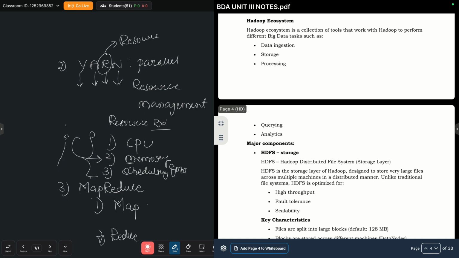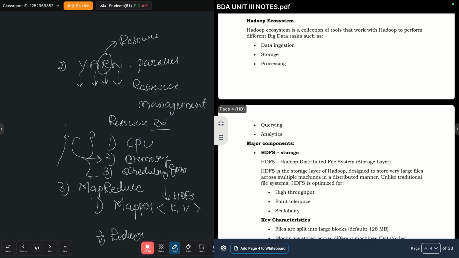Okay. So mapper, what is the role of the mapper? Right, it will take the data from HDFS, and these input files, these blocks will be converted into key value pairs.